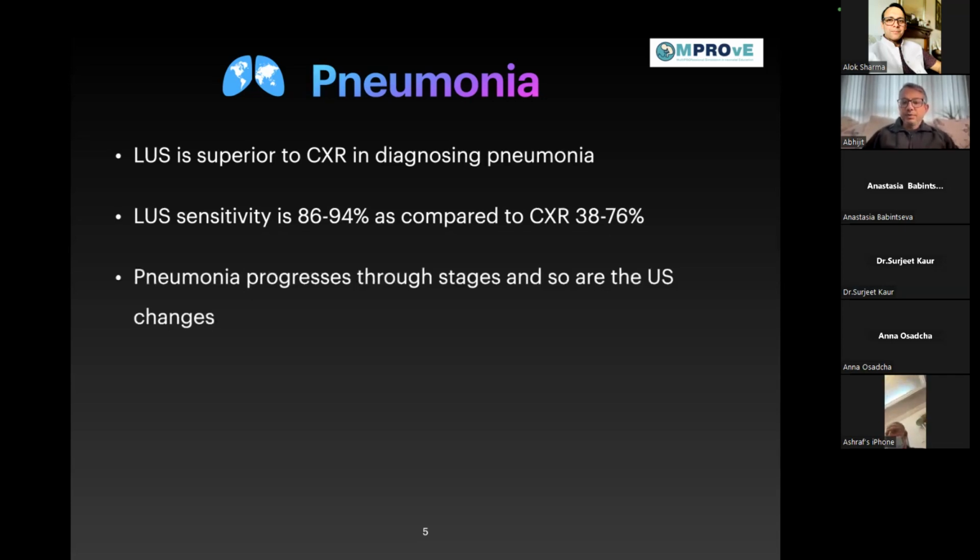Now, mind you, pneumonia progresses through stages. It doesn't happen with the snap of a finger. There's a little bit of brewing going on with the viruses or the bacteria. And then as it progresses, the signs also progress. So the ultrasound signs and the lines and whiteness you see on the screen are quite dynamic. They keep changing with the stages of the pneumonia.